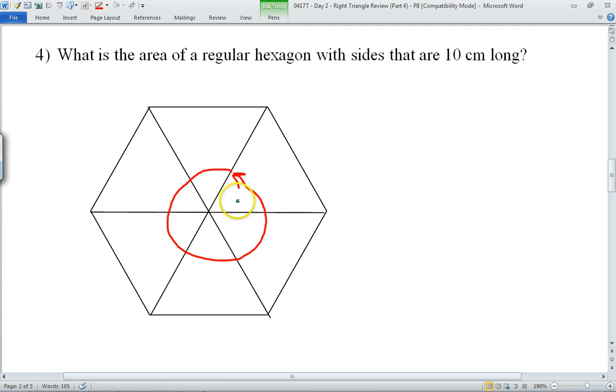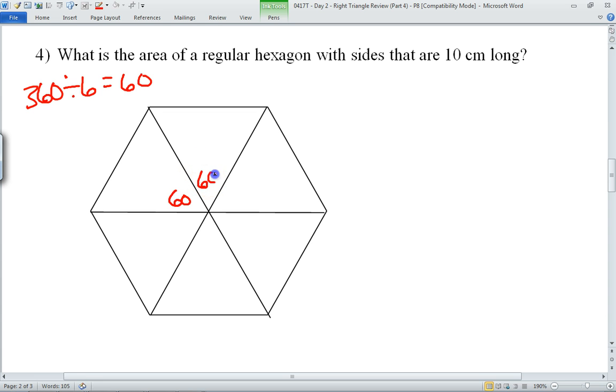Well, look how many triangles I have. If I take that 360 and divide it evenly between these triangles, how many degrees will I have at each one of these vertices? Well, it turns out 360 divided by 6 is 60. So that's why each one of these angles is going to be 60 degrees.